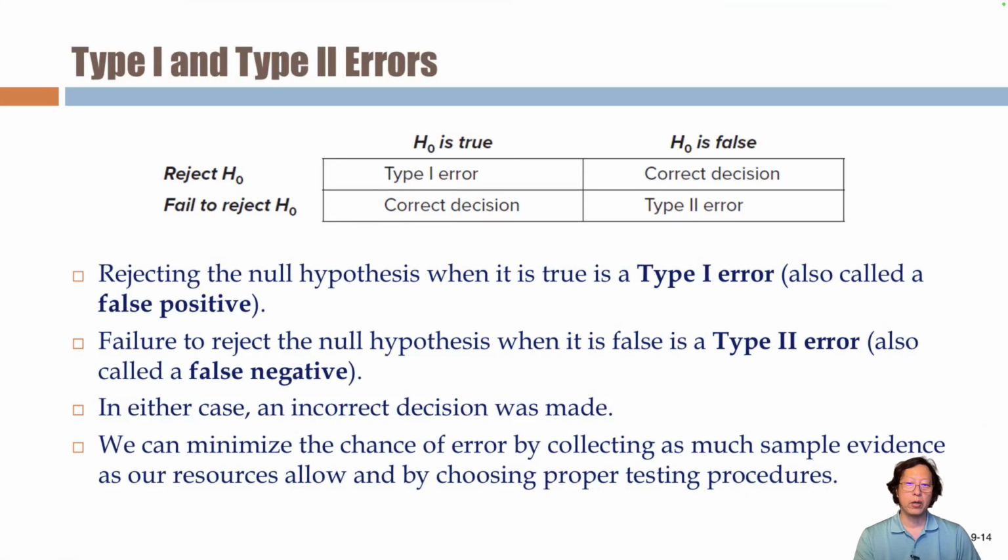So rejecting the null hypothesis when it is true, this is a type 1 error or false positive, right? Or the failure to reject the null hypothesis when it is false, then this is a false negative, or type 2 error.